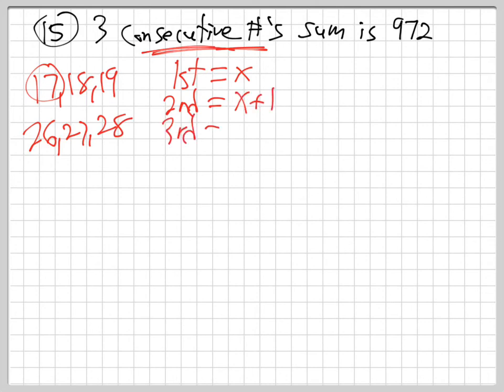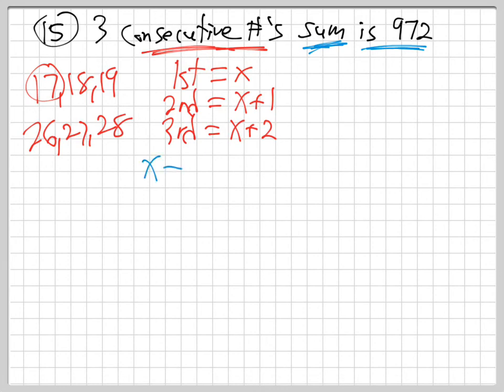And the third one, plus 2. X plus 2, exactly. So any kind of word problem in which they speak of consecutive numbers, you just let them be x, x plus 1, x plus 2. And then it says their sum. So you add. Can you add them up and finish it from there?